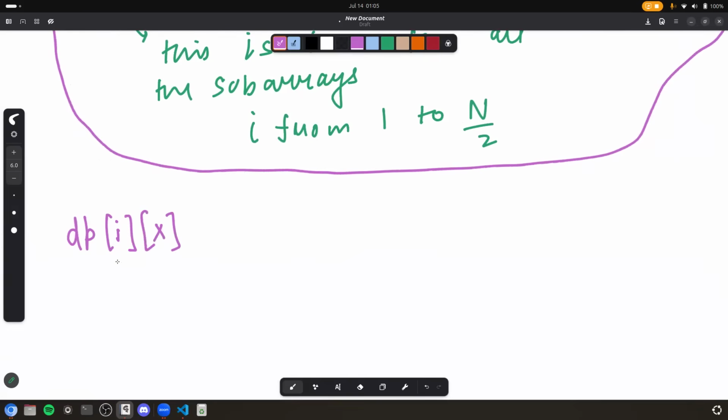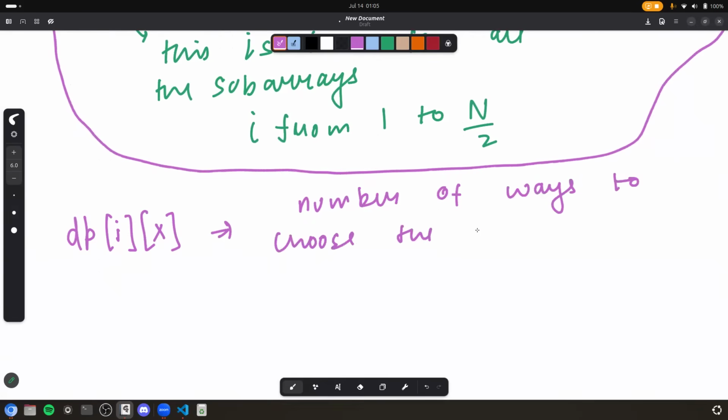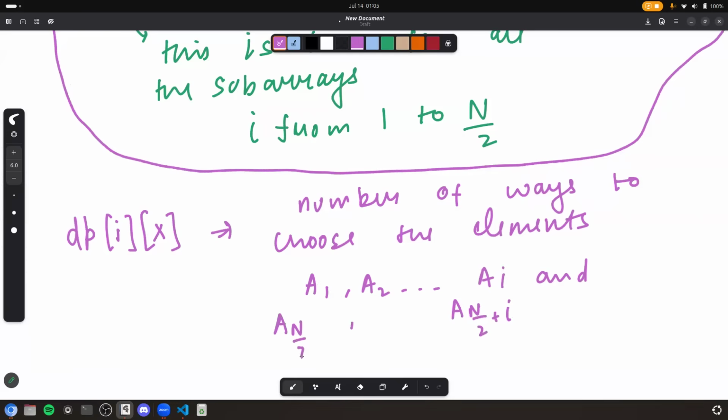This is the number of ways to choose the elements a1, a2 till ai and the corresponding elements a(n/2+1), a(n/2+2) till a(n/2+i).